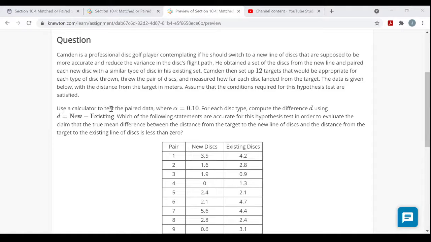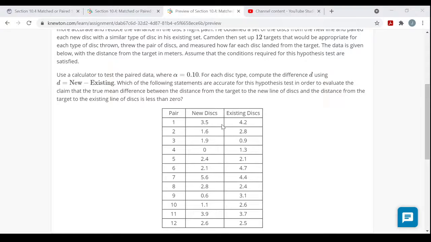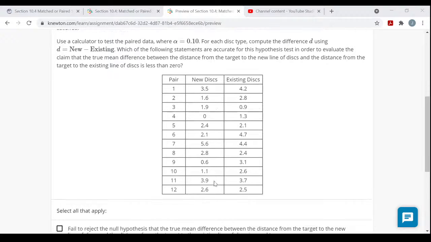Alright, so we're going to use a calculator to test the paired data, right? First pair of discs, again, each disc from these sets are comparable discs. So this is like first kind of disc, second kind of disc, third kind of disc, all the way up to the 12th one, and their distances from the 12 targets.